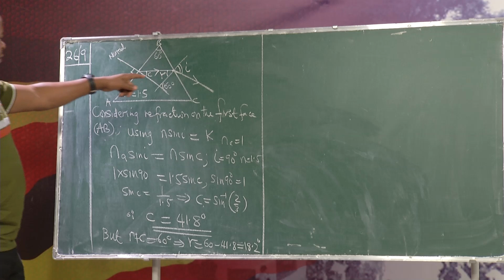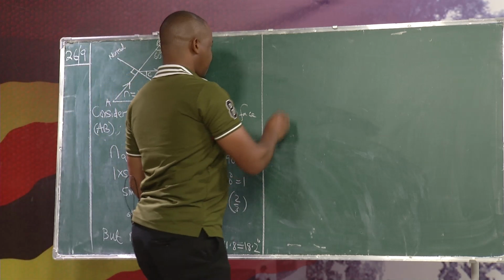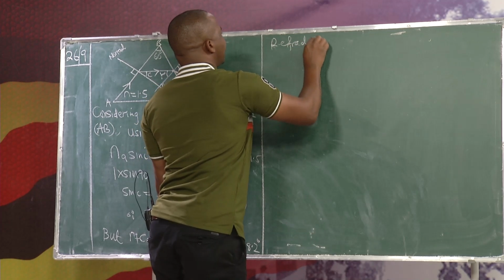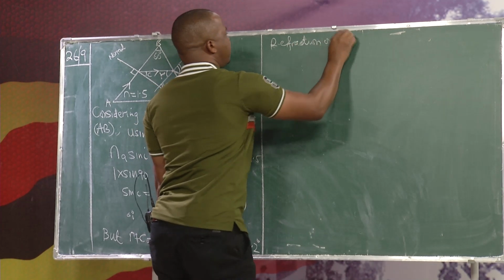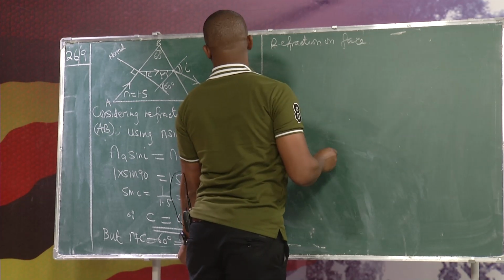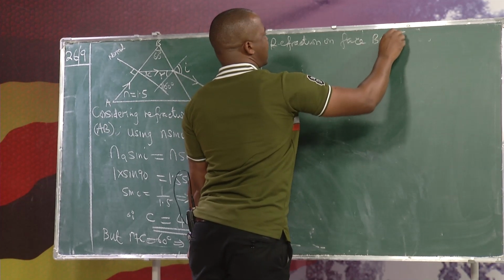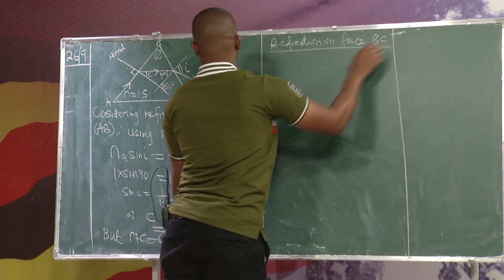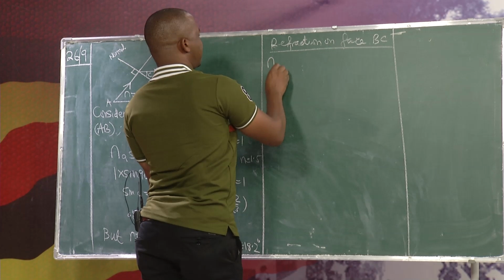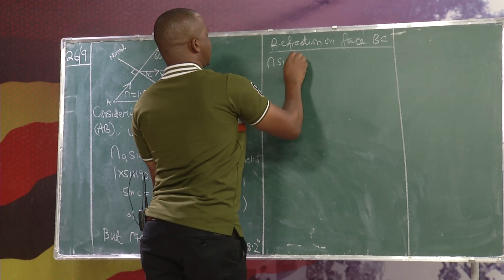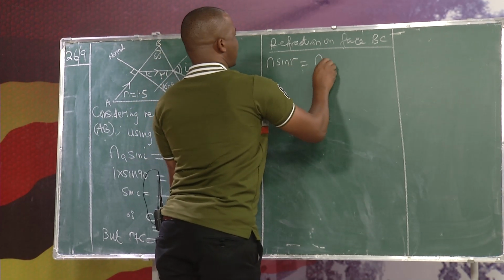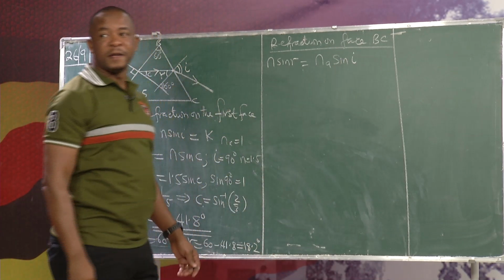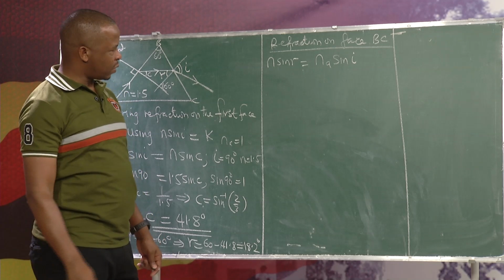So if we consider refraction on the second face, refraction on face BC, n of the prism times the sine of R should be equal to n of air times the sine of I, which this time round is what we are looking for.